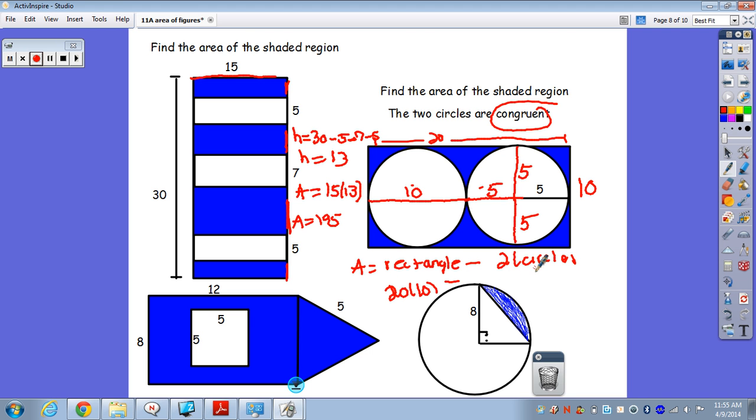And then I'm going to subtract 2 times the area of one circle, which is going to be pi 5 squared. And then we would multiply that out to get an answer, and if you do that, you would get 200 minus 50 pi, and that is equal to 42.92.